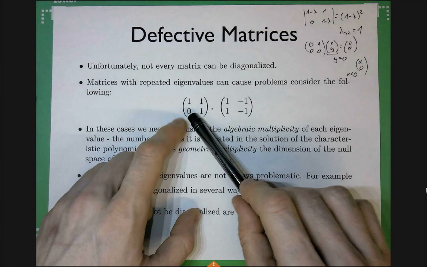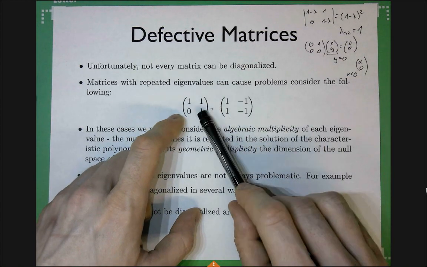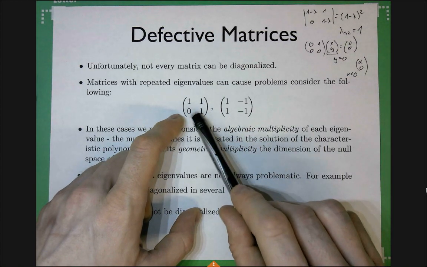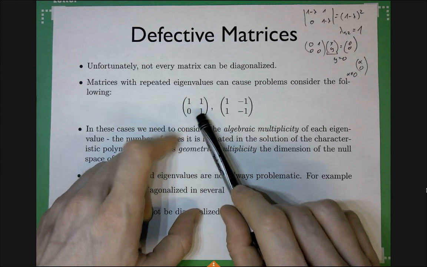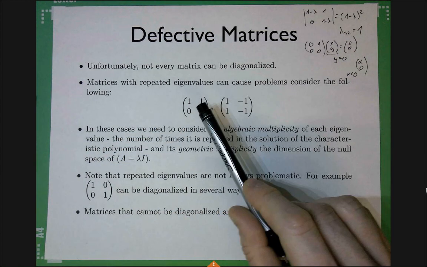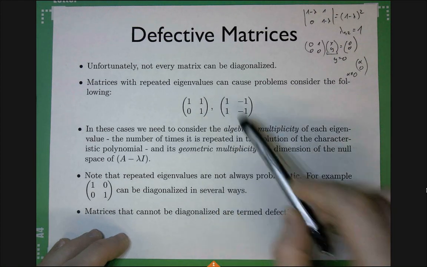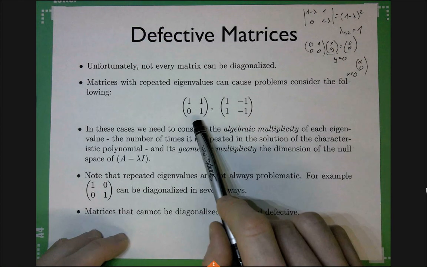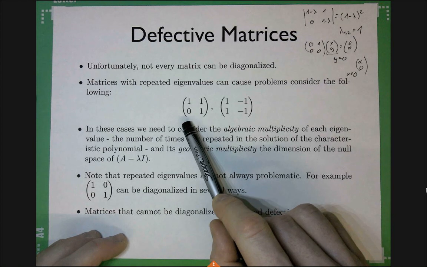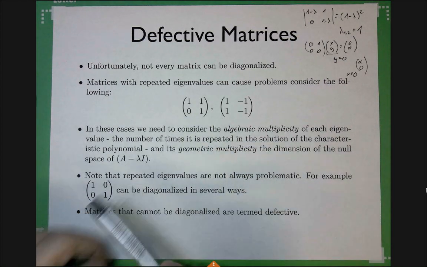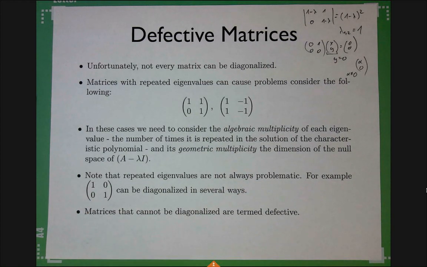So this matrix will never have two linearly independent eigenvectors. We are screwed essentially here. This matrix is an example of what's called a defective matrix, and it also cannot be diagonalized. So not all matrices are diagonalizable, unfortunately.